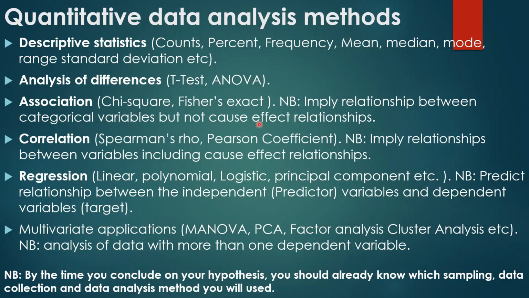Then you have correlation. In correlation, you just look at the relationship between two variables, for instance gender and drinking. And in correlation, you don't really bother about the groups in the independent variable. Then for regression, you can bother about the groups, or if you like, you don't.